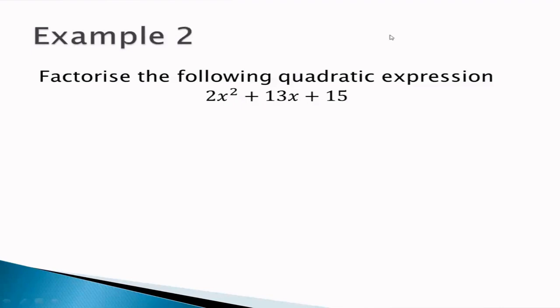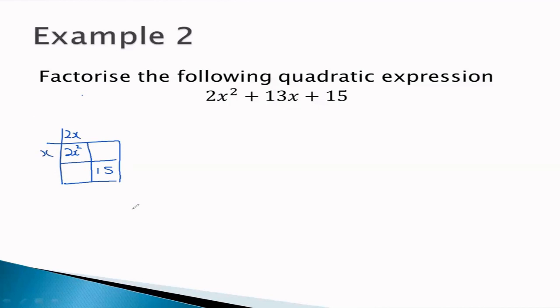Now you can see in example 2, I have 2x squared plus 13x plus 15. So they're asking me to factorize this. So once again, draw this out. This is 2x squared, and this is 15, positive 15. So I ask myself again, what times what gives me 2x squared? Okay, so it's most likely 2x and x. Make sure there is an x on each side, okay?